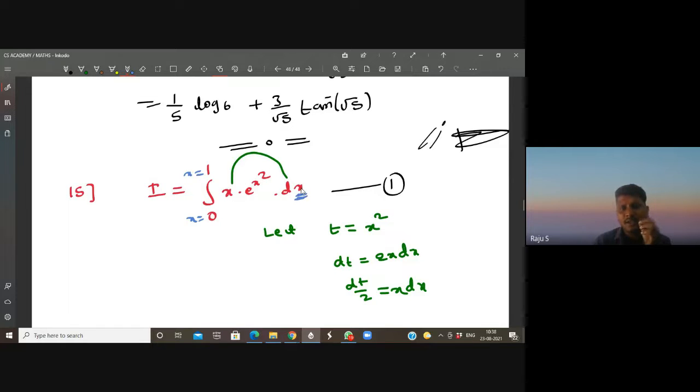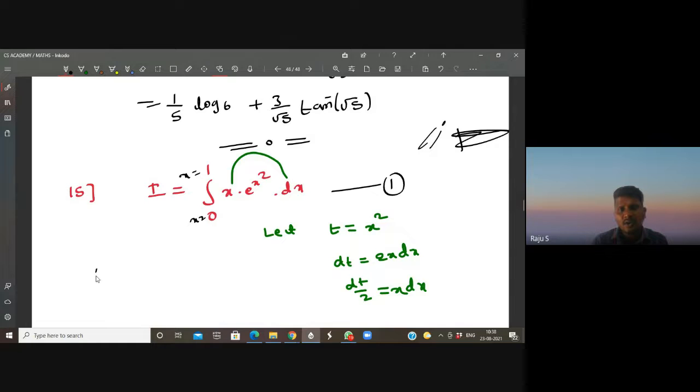But whether there is a dx or dt or dy, dz, so d of some variable is there, the limits belong to that variable. If I write here t, you should take t is equal to 0 to t is equal to 1, like that. Got it? So here the limits are clearly x is equal to 0 to x is equal to 1. X limits here. Okay, fine, students.